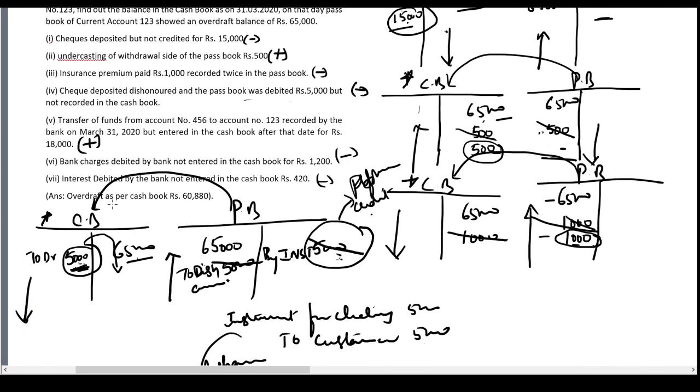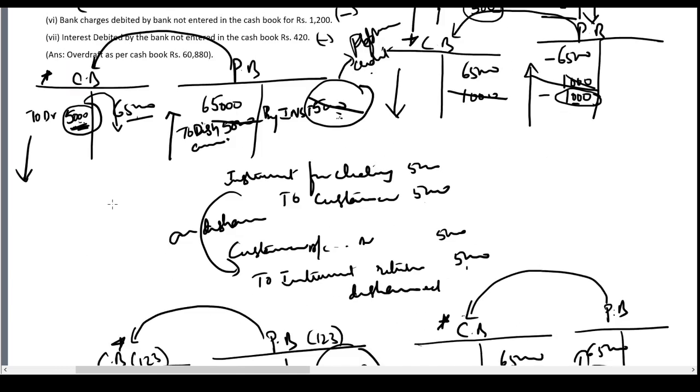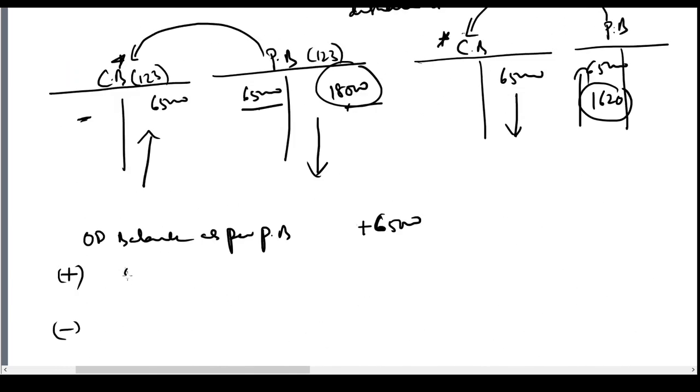Now let us take the plus items and the minus items. Plus items are 500 and 18,000. Only two items. 500 plus 18,000, 18,500 is the plus items.